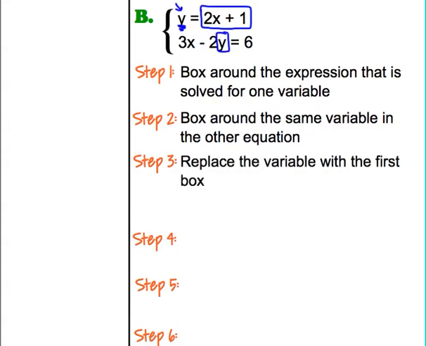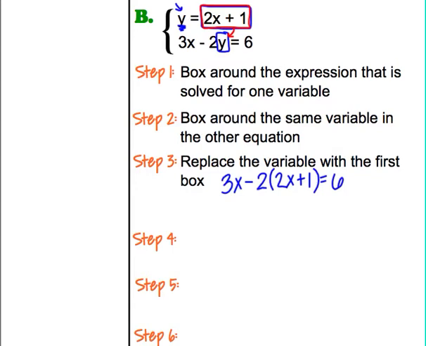So we get 3x minus 2 times y, which is equal to 2x plus 1, is equal to 6. All we have done is taken this value we've gotten for y and stuck it in for the actual y here. We're substituting.